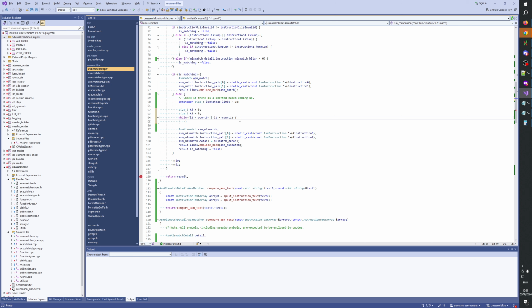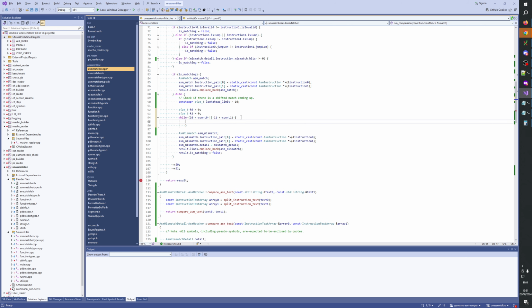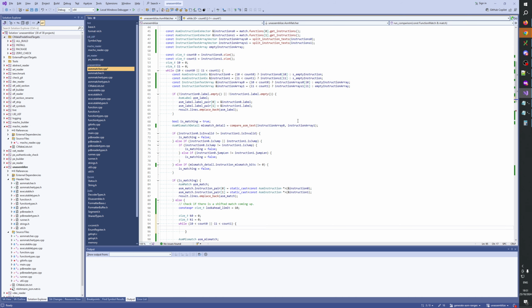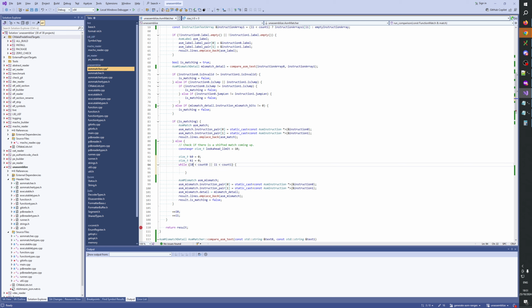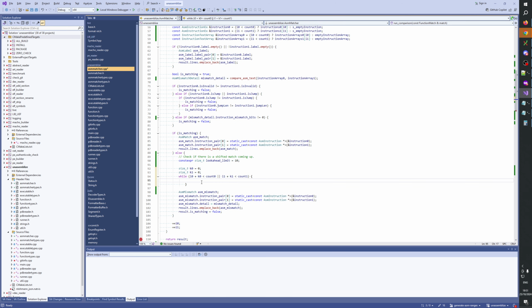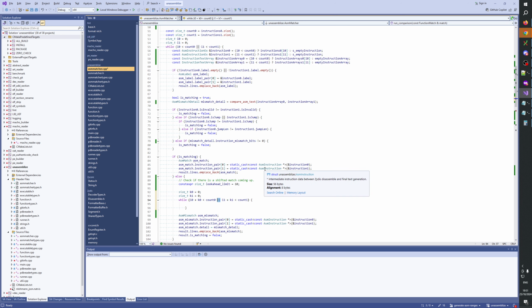We should probably say I0 plus K0, I1 plus K1. I think, and only if both are smaller.